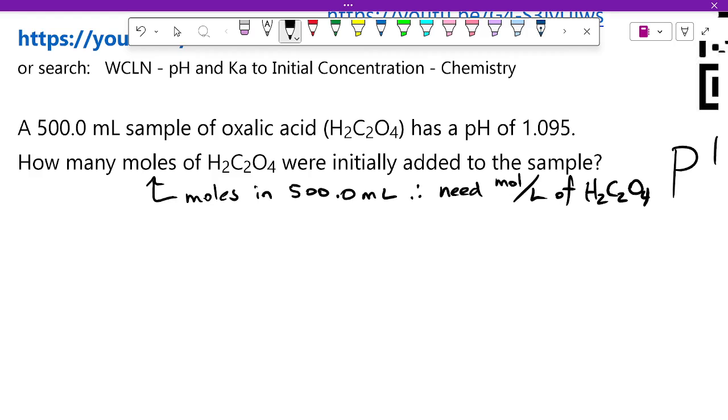It's called the molarity of H2C2O4. So what we don't know is the concentration of H2C2O4, equals we don't know what. And if we don't know that, let's let that be X, shall we? X is a good unknown.